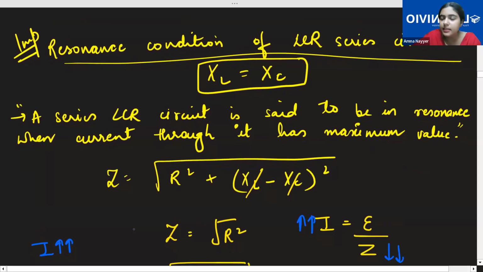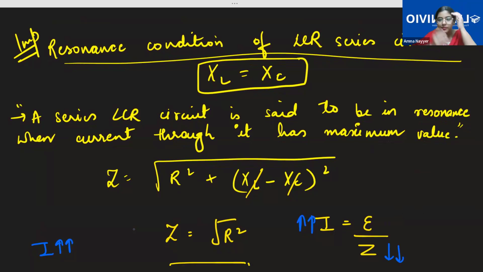Please write it from here. Is this clear? Muniba, Jasleen, and here, resonance part. Yes, ma'am. All right, please write it.